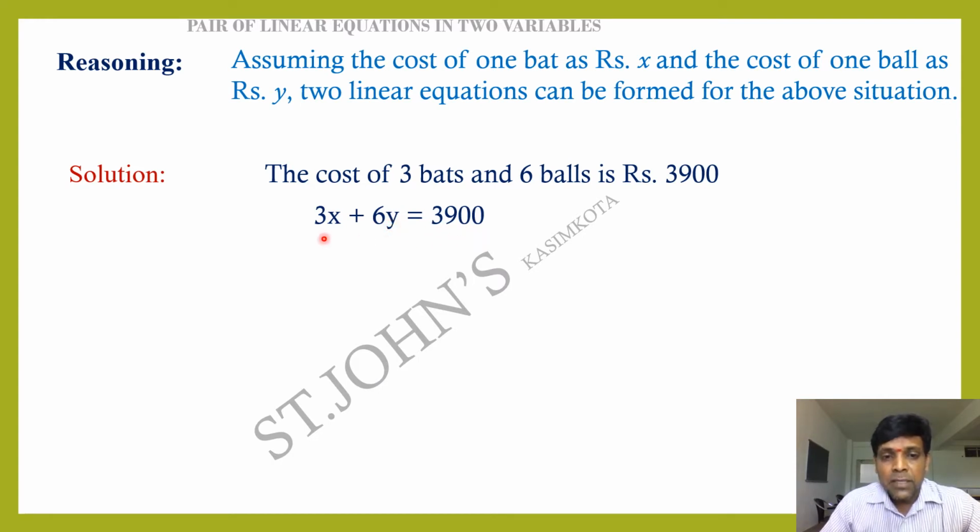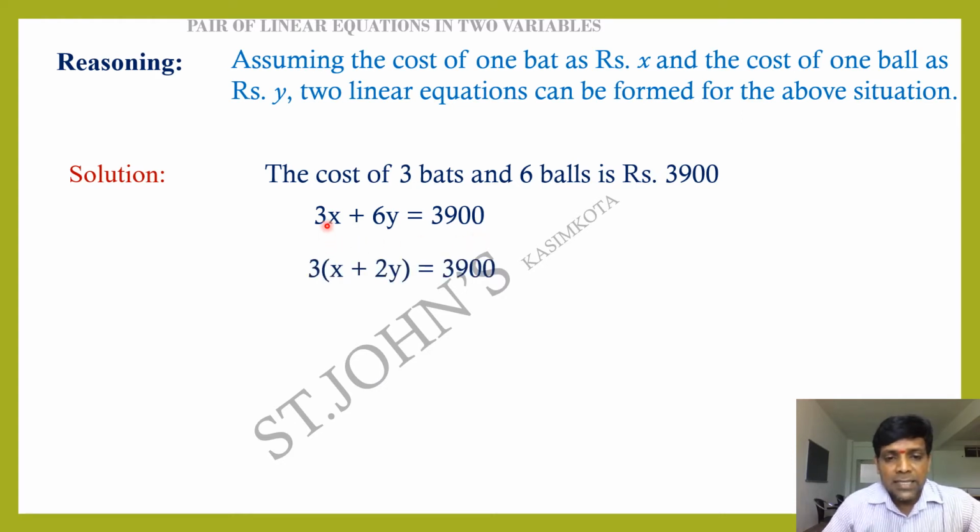Here, what is the common factor? Each and every value is divisible by 3: 3 ones are 3, 3 twos are 6, 3 thirteen hundreds are 3,900. So 3 is the common factor.